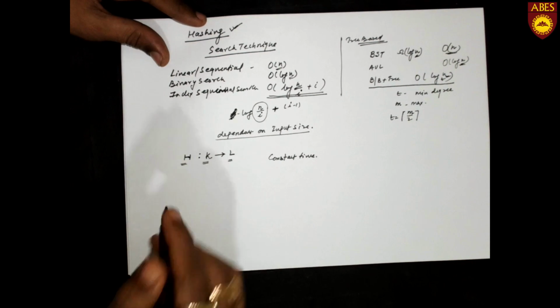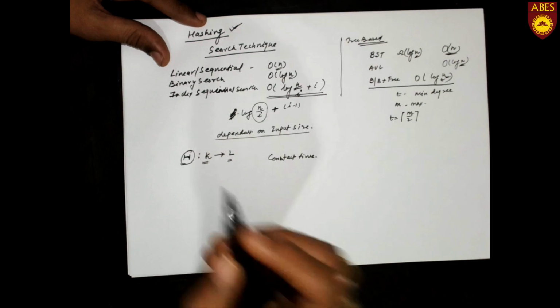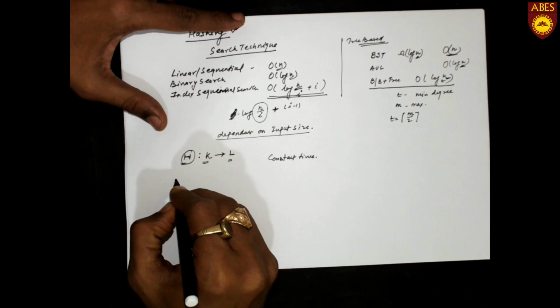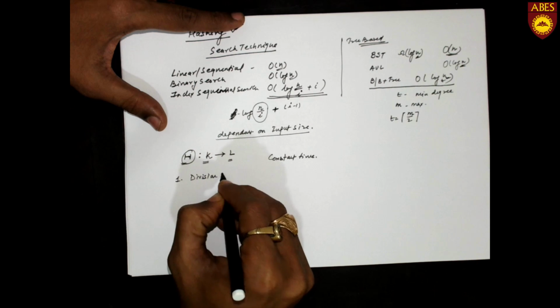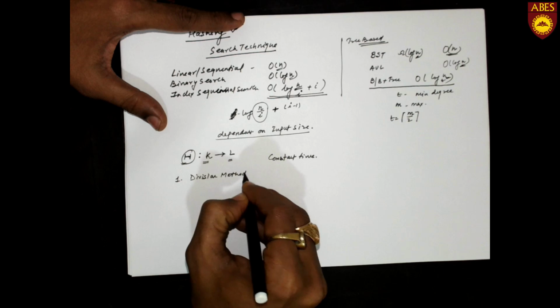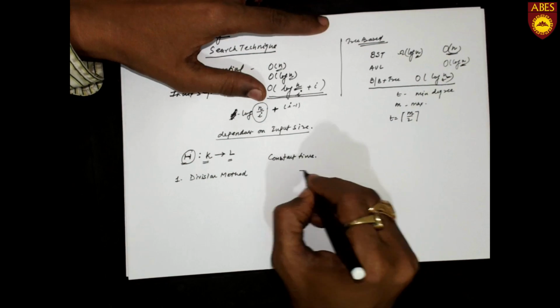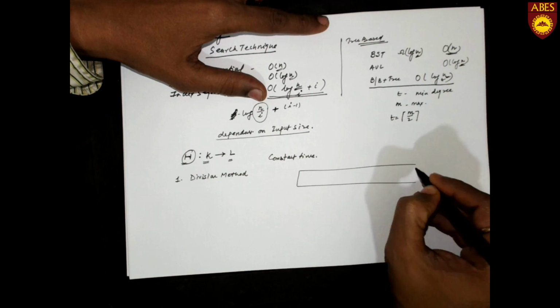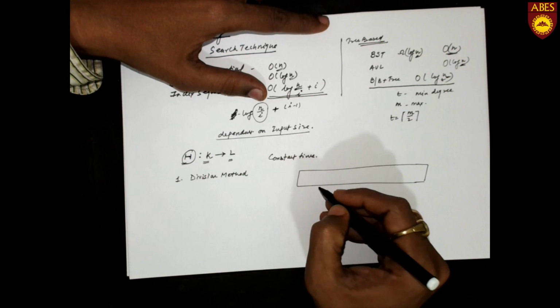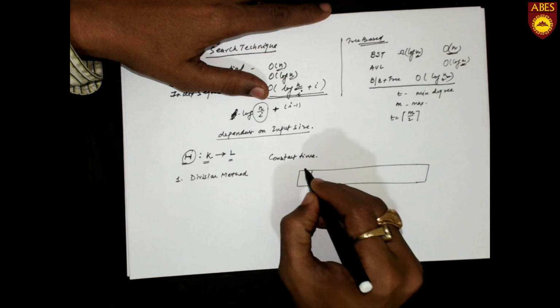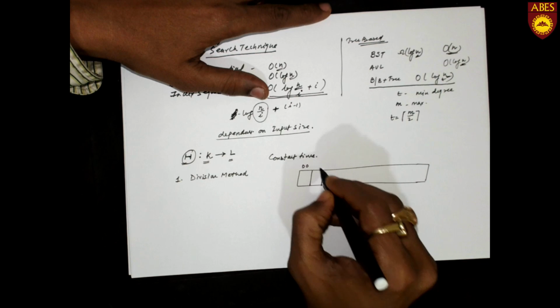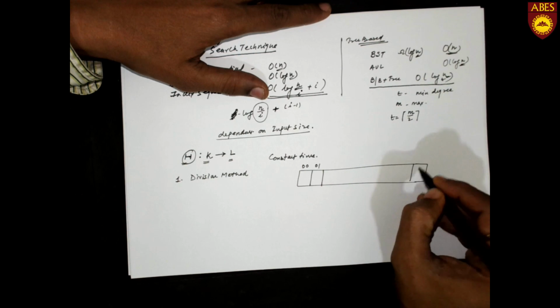So let us understand about this hash function now. This hash function may be of three types. One is the division method. Suppose I have an array or a hash table. The size of this hash table is 100. So if the size of the hash table is 100, I will have the locations ranging from 00 to 99.